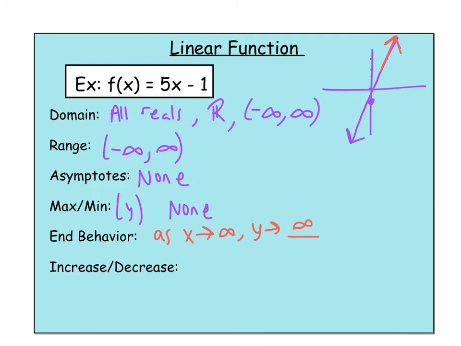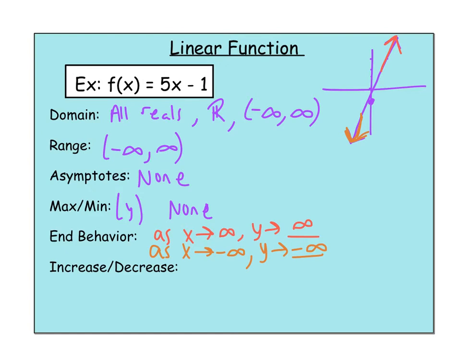Then on the left side of the graph, as the x values get small, as the x values go to negative infinity, what are the y values doing? On the left side, the y values are going down, so the y values are going to negative infinity. So this thing has the end behavior going opposite directions.